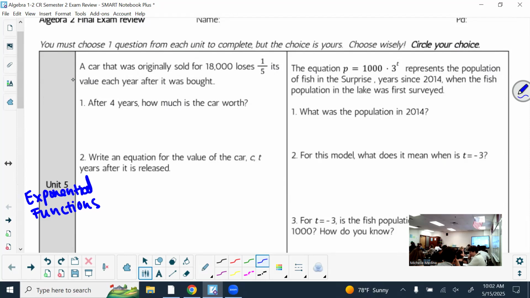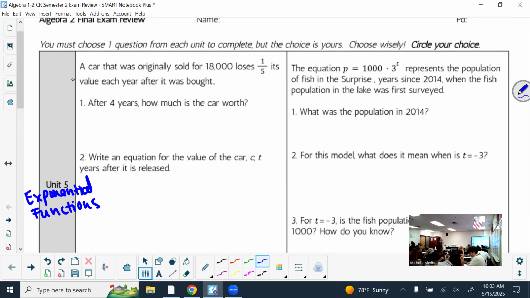Because we have a car originally sold for $18,000 that loses 1/5 of its value each year after it was bought. After 4 years, how much is the car worth? That one would be a lot easier if you knew the setup for exponential functions. Then it's just a matter of identifying those couple things you need, plugging in a number and getting the answer.